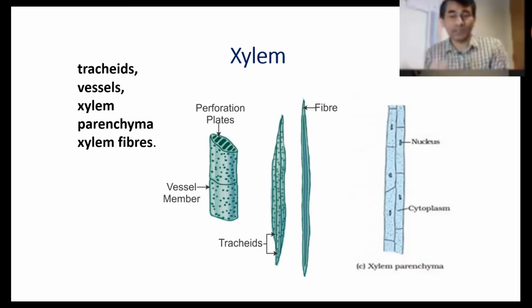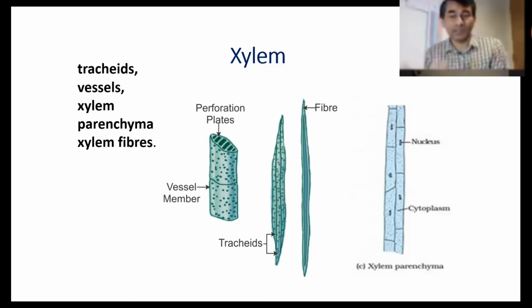So xylem and phloem are the tissues in the plant which are involved in conducting water, minerals from one part to the other, and food, energy from leaves to other parts. So xylem conducts water and minerals from roots to the other parts. When the roots suck water, minerals and nutrients, that is sent to other parts through xylem tissue.